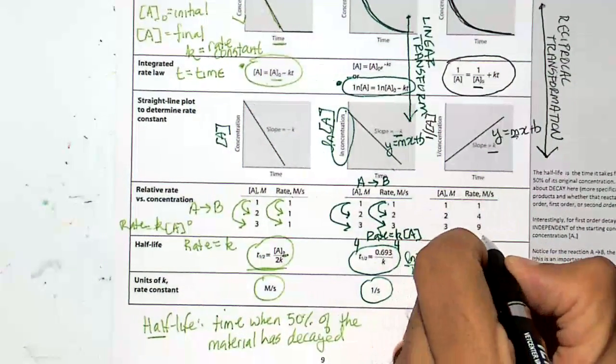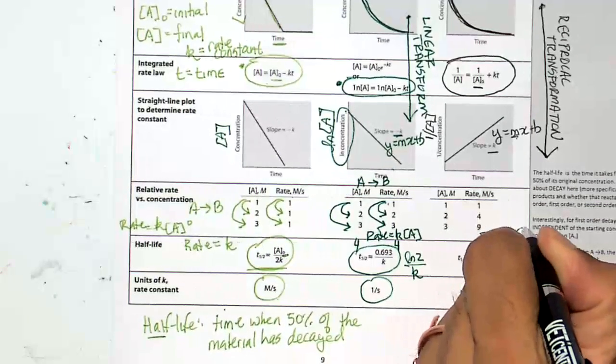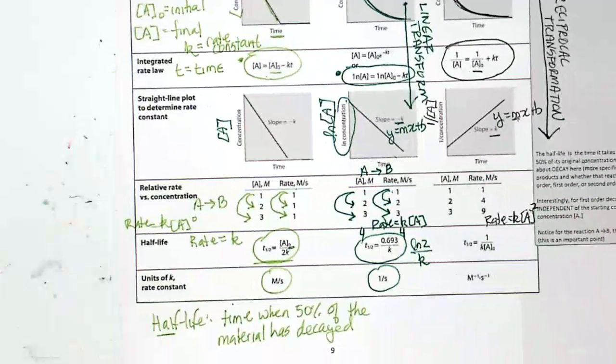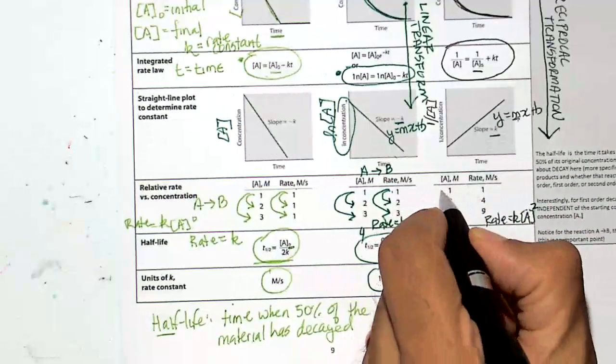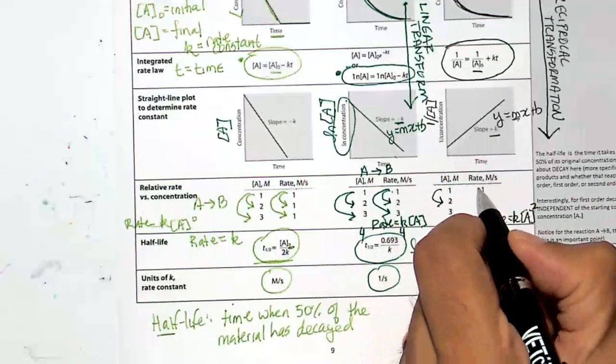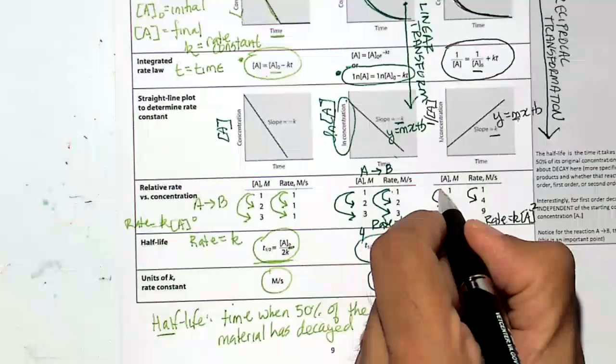If you have a reaction whose reactant decays by order 2, what happens if you double the reactant? How fast will the reaction go? It goes squared.